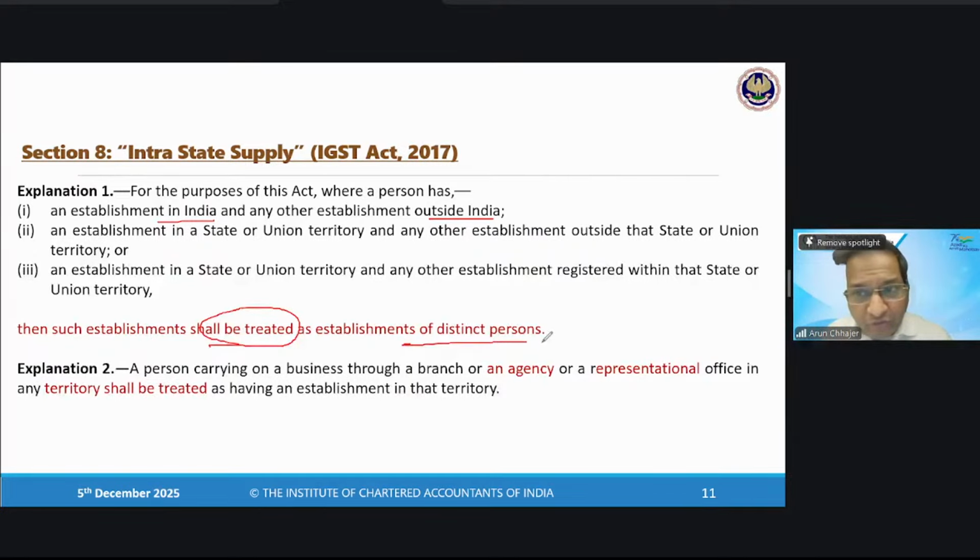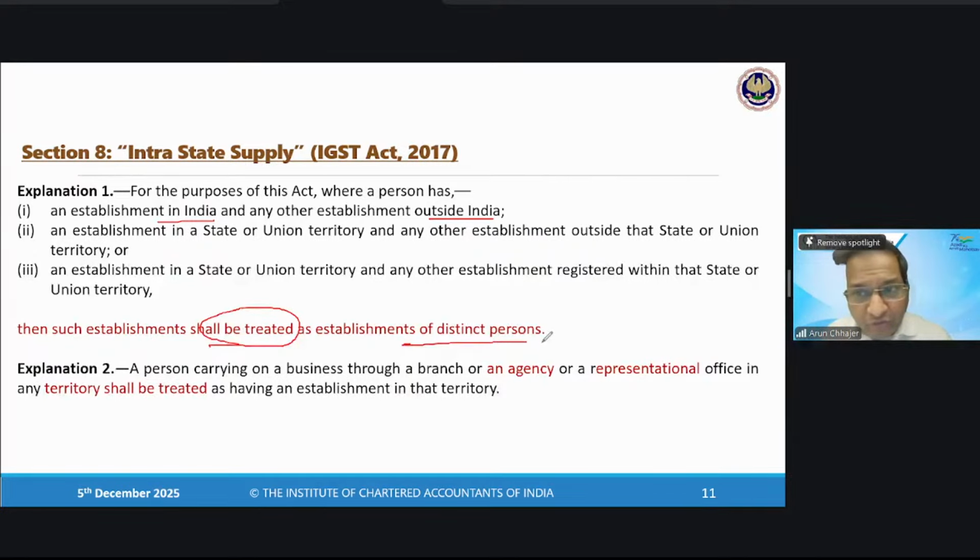Because you are the branch in India, the branch office is considered an establishment in India. And once it is an establishment in India, you both would be treated as establishments of distinct persons. The fifth condition says that you should not be the establishment of a distinct person.